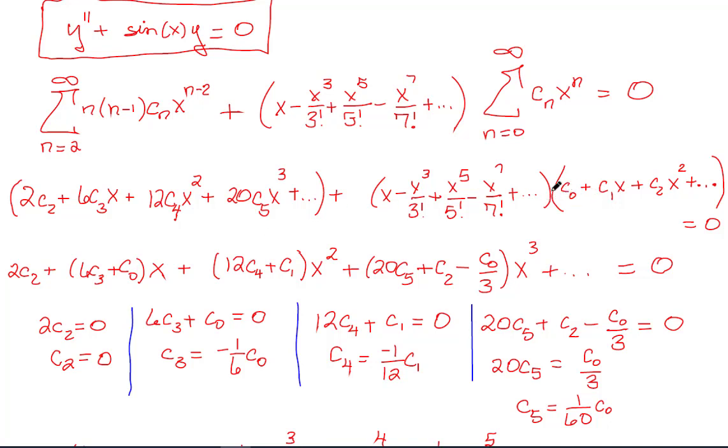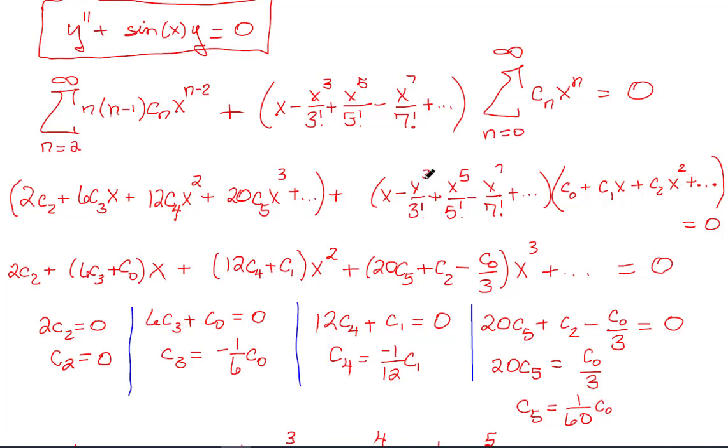Well, let's see. I'm going to get an x times this c1x. And then when you go to the cube, you're going to get a cube from this part. You're going to get a cube from x times the c2 x squared.